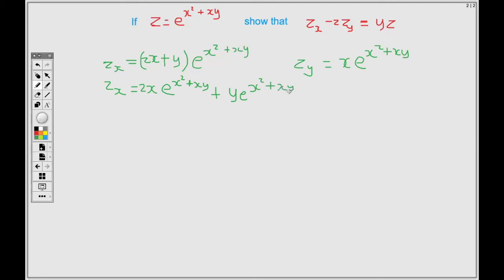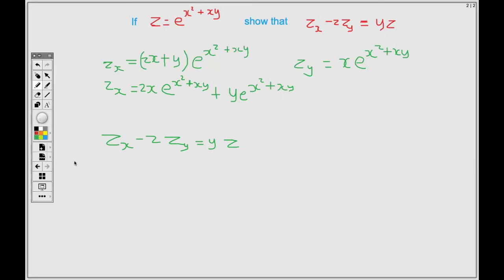Now all of this will be replacing in the part that says show that. So I'll be replacing the zx, and I'll be replacing the zy, and I'll also be replacing the part that just has z, because it's z times y. So my zx is all of what we just expanded.